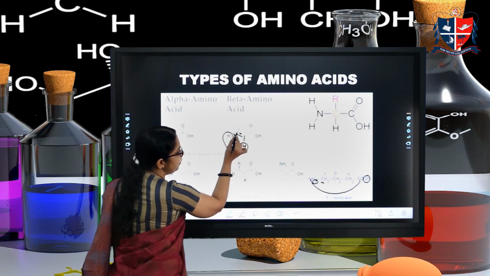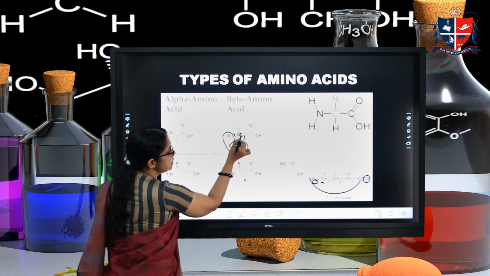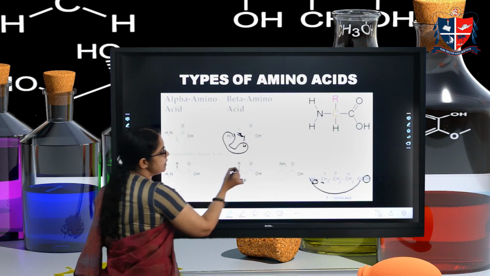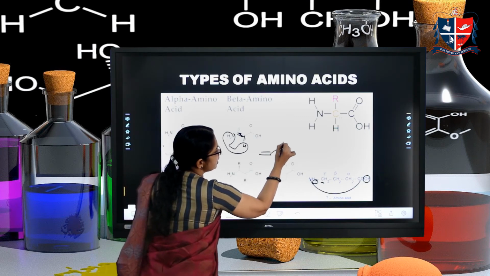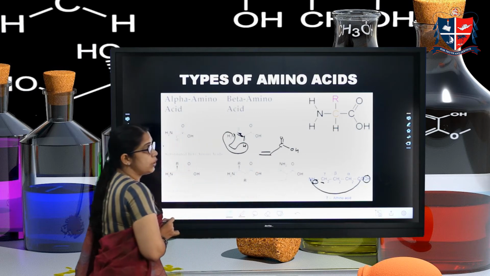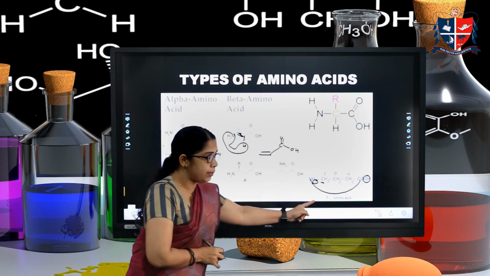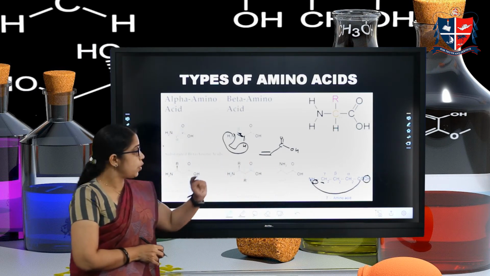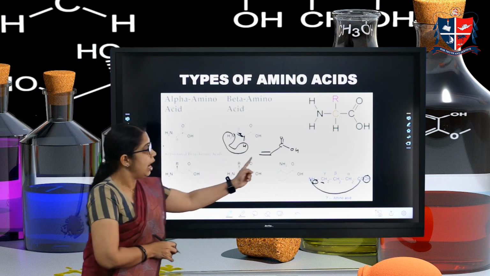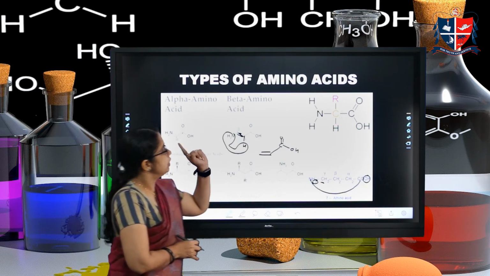That is an alpha beta unsaturated acid, with the double bond between alpha and beta carbons, C double bond O OH. So alpha beta unsaturated acid will be the product in the case of beta amino acid. In the case of gamma amino acid, lactam is the product. And what about alpha amino acid?